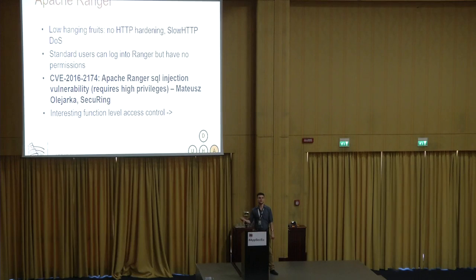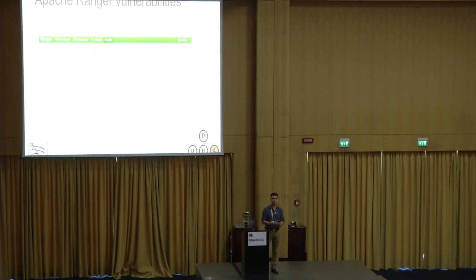But as in Ambari, standard users can log into Ranger, but they have no permissions inside. So this is how it looks for them. The administrative interface consists of 4 tabs, and some of them are disabled for standard users. They're clickable only for administrators.